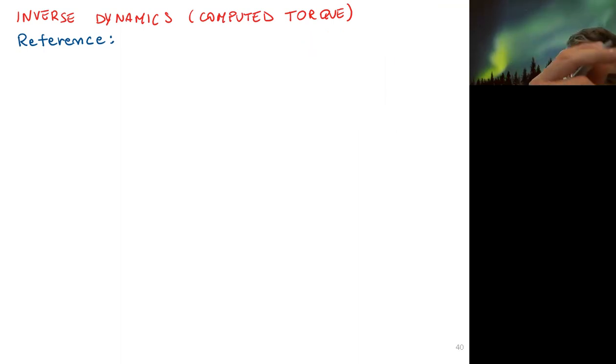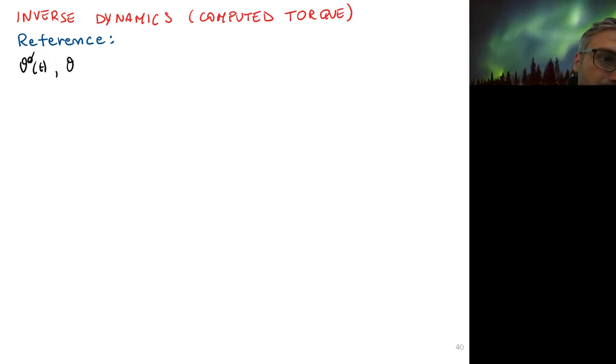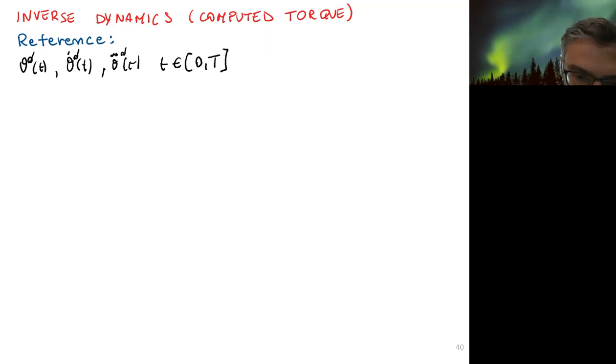So if we want to give a reference defined in a sampled way or with a time profile, it is a vector of points where you have desired position, desired velocity, and desired acceleration. This is for a whole profile time interval between 0 and t.